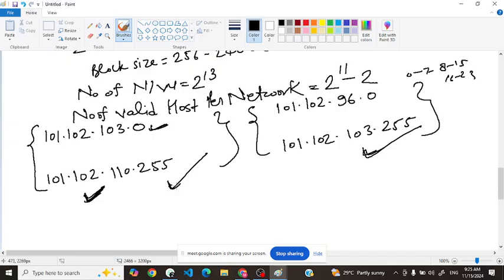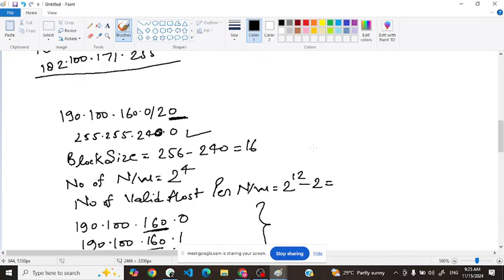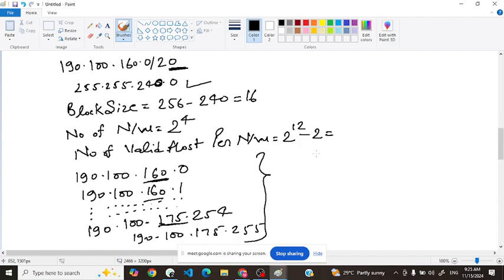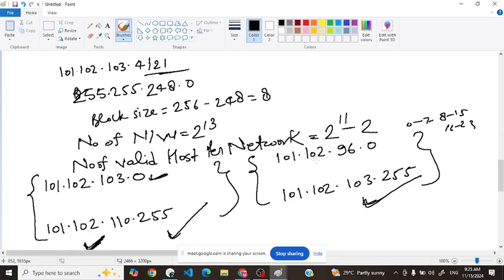Sir, but you are telling condition. What will be the condition? One minute, let me explain. If you go for this IP address, in which subnet will this IP address come?